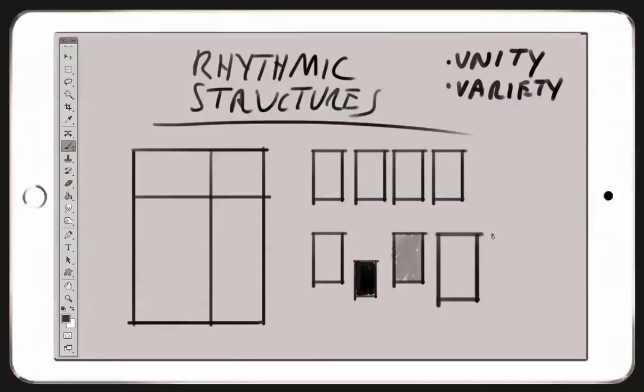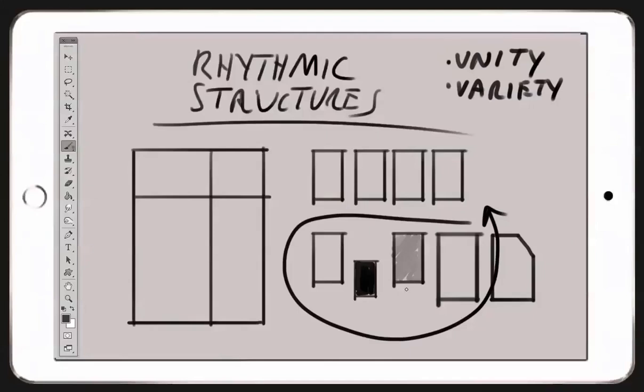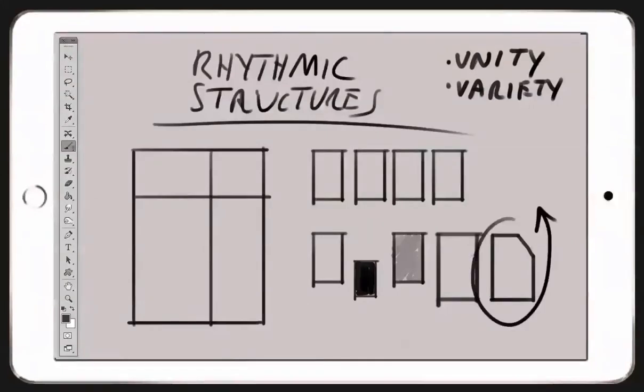Let's say I add another shape here, but this shape is going to be a little different. And you can see the difference lies here, where this diagonal has been added. However, this shape is still similar enough to the other rectangular shapes for this shape to be part of the whole rhythm here.